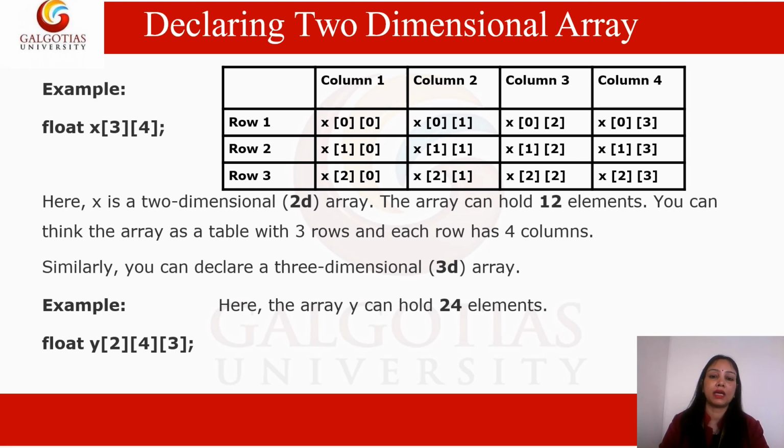How many elements the 3D array y is able to store, you just multiply all: 2 into 4 into 3 equals 24 elements. So in this way you can declare a 2D or a 3D array.